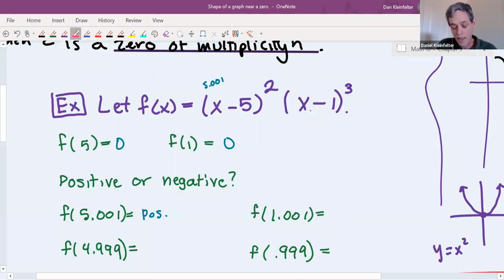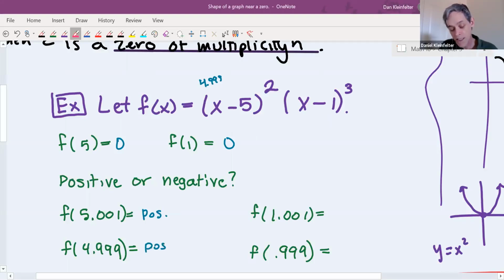Now 4.999. Well, for the x minus 1 cubed, 4.999 is pretty far from 1, so we're not going to worry about that. That piece will just give us a positive part. 4.999 minus 5 is negative. We're taking a negative number and squaring it. If you take a negative number and square it, you get a positive answer.